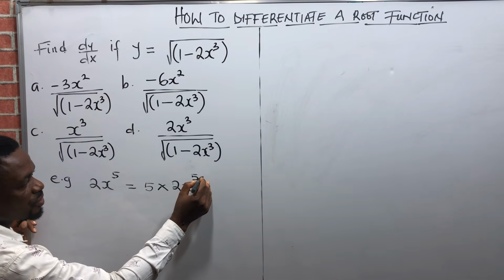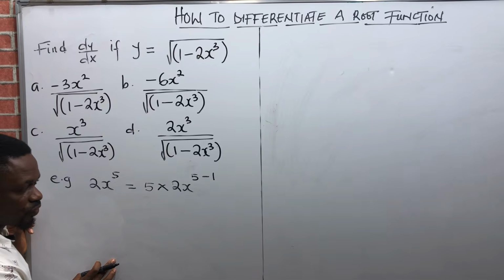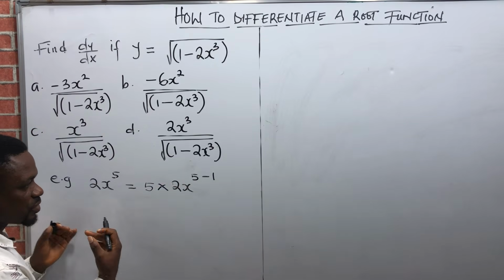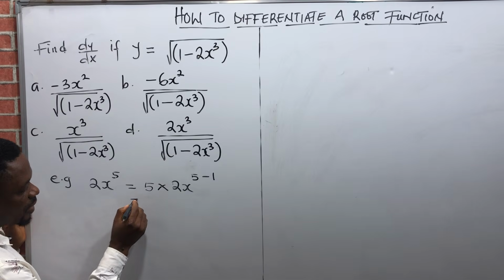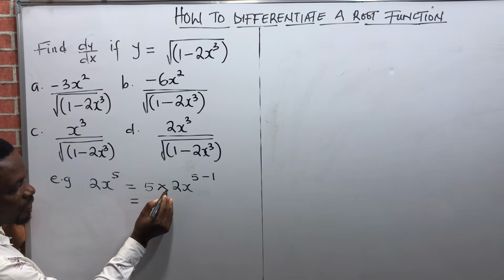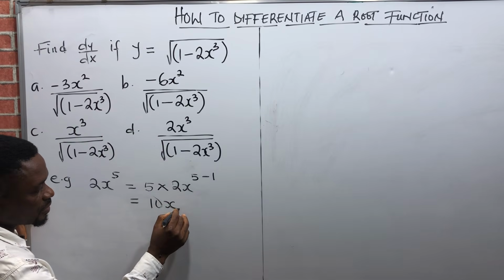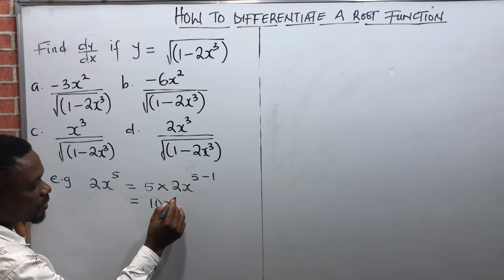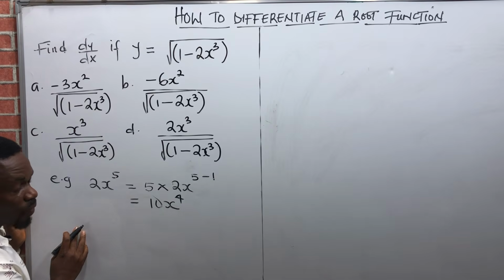And the last thing is to introduce minus 1 to the power. The essence of introducing minus 1 to the power is because differentiation means reduction. So if I simplify, I will have 5 times 2, which gives me 10. Then I have x, and 5 minus 1 gives me 4.